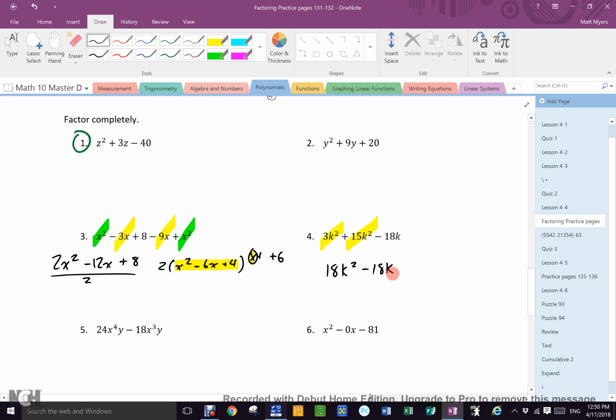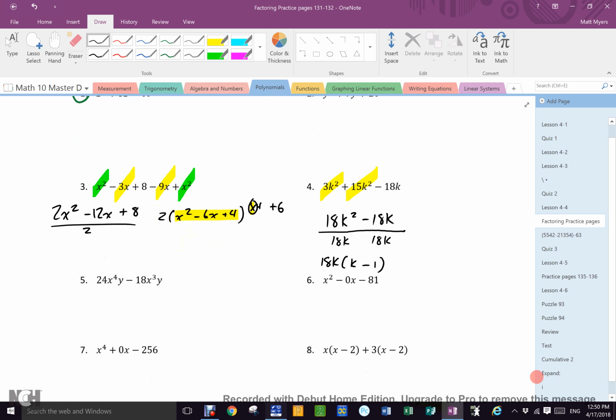They both have 18 and they both have a k. So I can take out 18k. What goes first? 18k. What's in the bracket? K plus 1? Minus 1. Yeah?